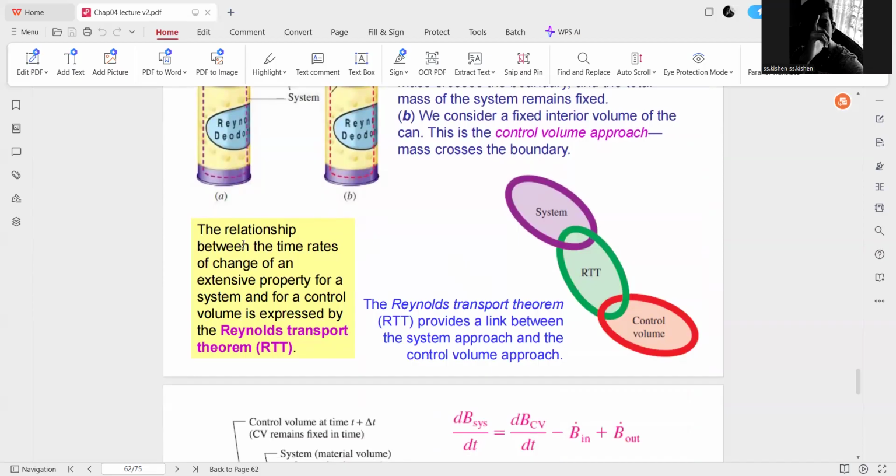The relationship between the time rate of change of an extensive property for a system and for a control volume is expressed by RTT.